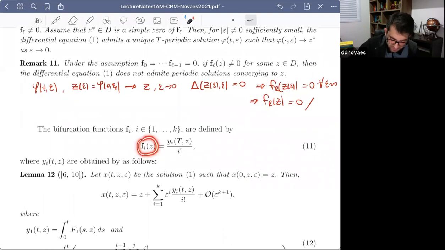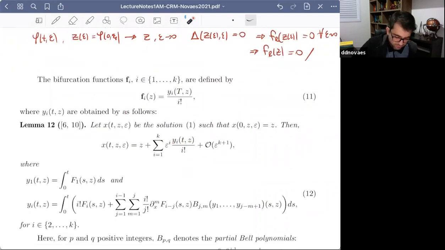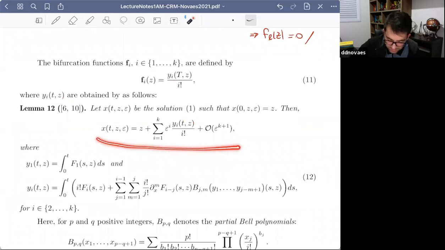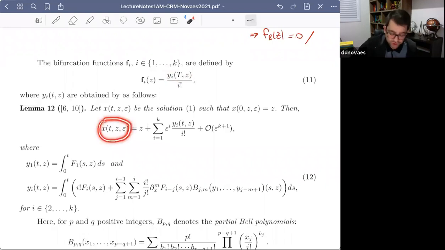Actually, fi of z is equal to a function y i t z divided by i factorial, where these functions y i are given by the following lemma. Okay, so the idea here is very clear. Those functions are just the coefficients or the derivatives of the solution for epsilon equals 0.